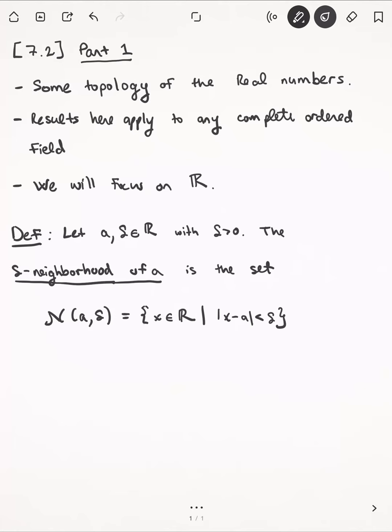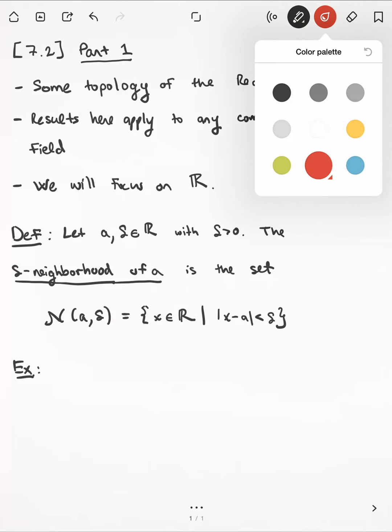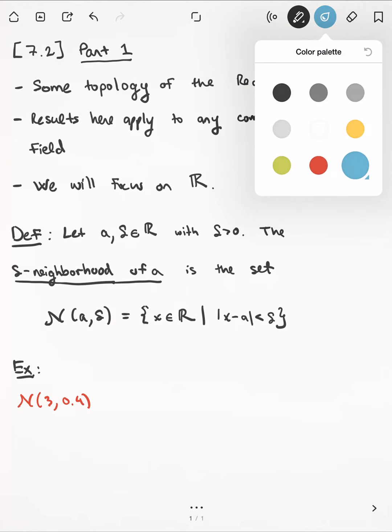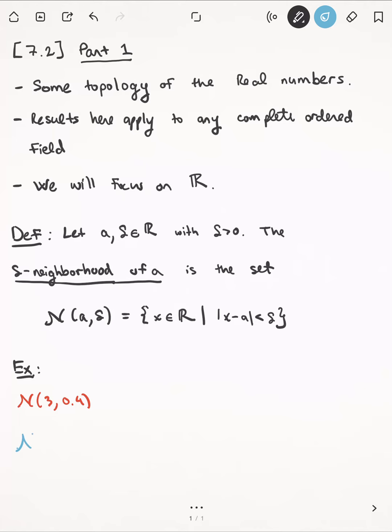Okay, so for example, let's use colors here. Let's consider N of 3, 0.4, and then let's also consider N of 1, 0.01.